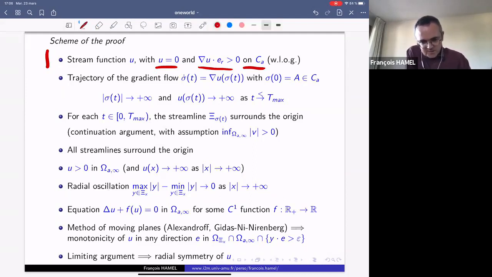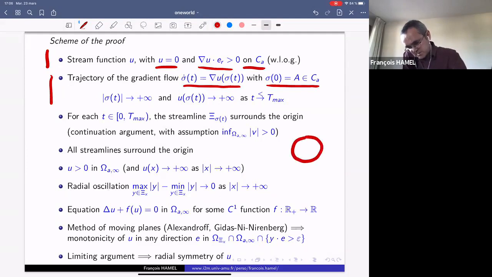And now we consider also a trajectory of the gradient flow, parameterized by this equation, starting from one point of the inner cycle. So I consider any point A on the boundary CA, and then I consider the trajectory, capital sigma, of the gradient of u.